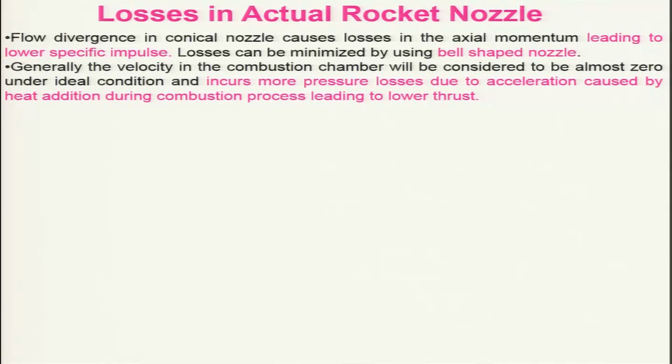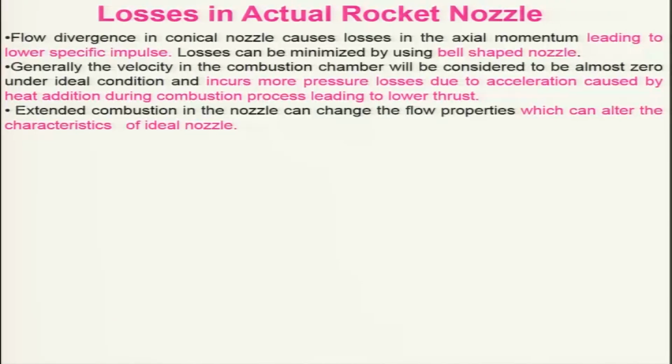As a result there will be a certain Mach number, of course subsonic, around 0.2, and there will be pressure losses due to the heat release, also leading to a lower thrust.